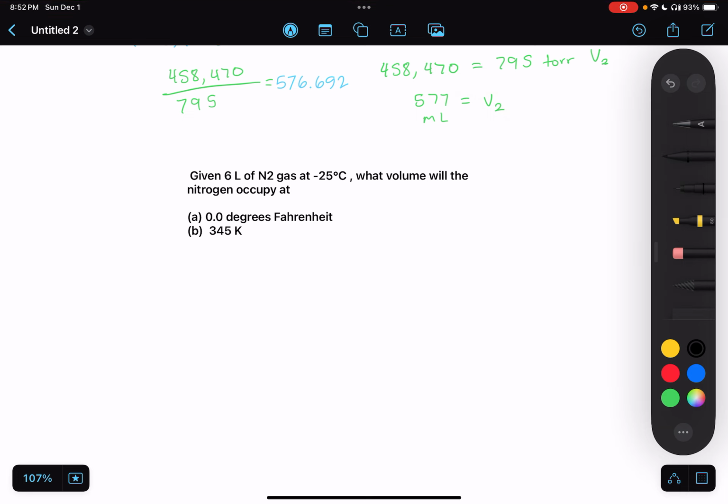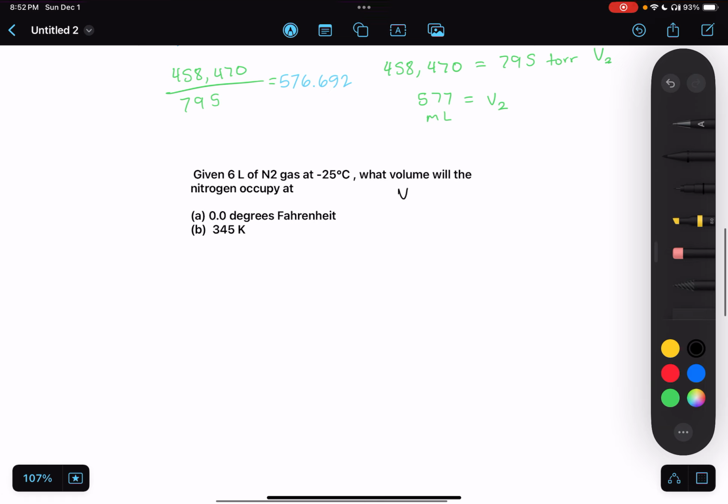V over T, volume over temperature, I believe is equal to volume over temperature. Okay, so we got volume 6 liters over the temperature, negative 25 degrees. But for this one, if I remember correctly, the temperature has to be in Kelvin.